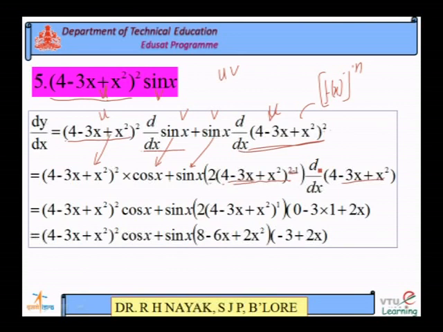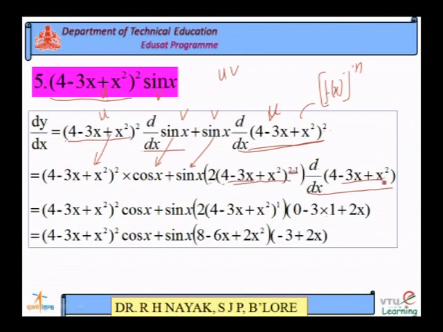The other terms are taken as they are, only we need to differentiate the last term, that is d by dx of 4 minus 3x plus x square. Differentiation of 4 is 0. Differentiation of 3x is minus 3 into 1, plus differentiation of x square is 2x.